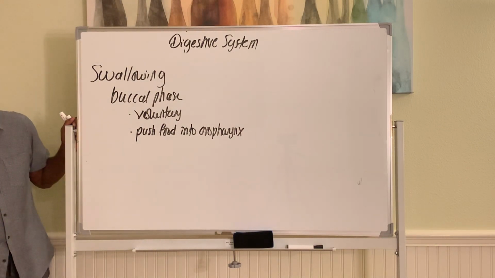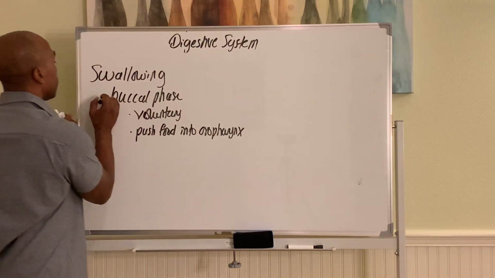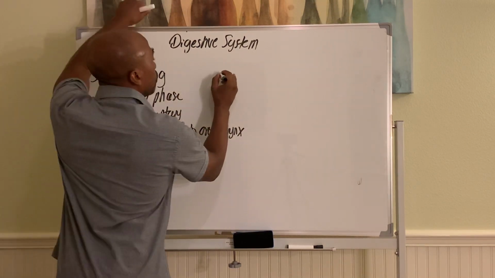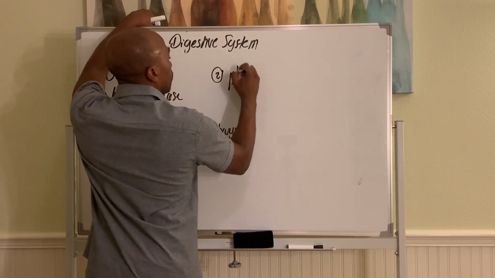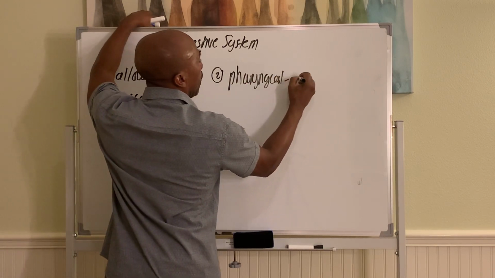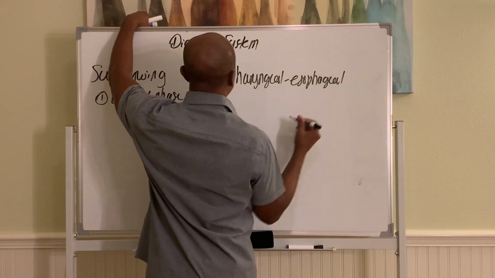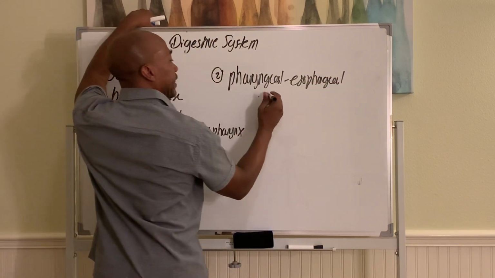And once you're in the buccal phase, then that starts the next phase. So phase 1 is buccal. Phase 2 is your pharyngeal-esophageal phase. That phase is involuntary.